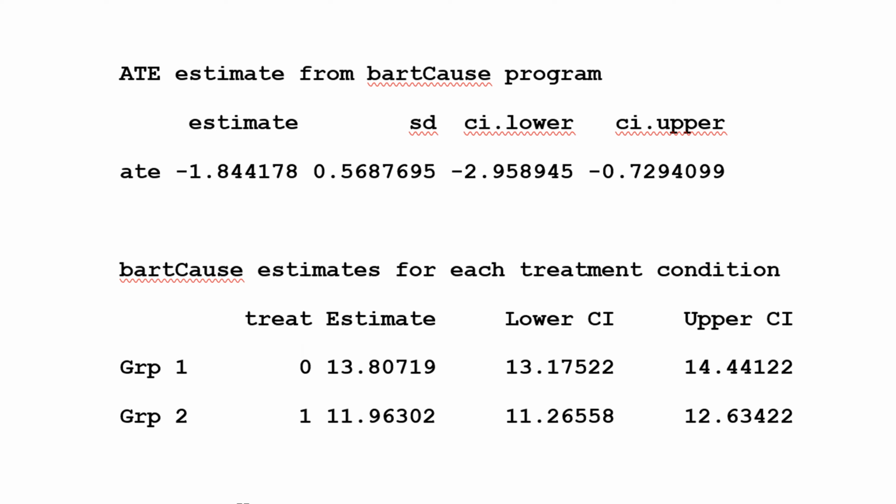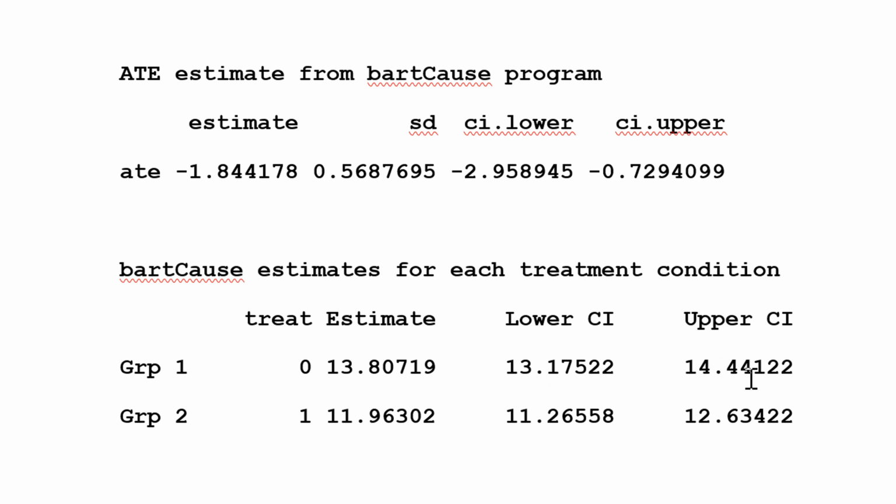Now, the intervention was designed to lower the mean score on the first mediator because it's negatively associated with the outcome. This is the control group here, and this is the intervention group here. Score of 0 on the treatment and a score of 1 on treatment. We can see that the estimated mean score for the control group was 13.81, and for the intervention group it was 11.96.